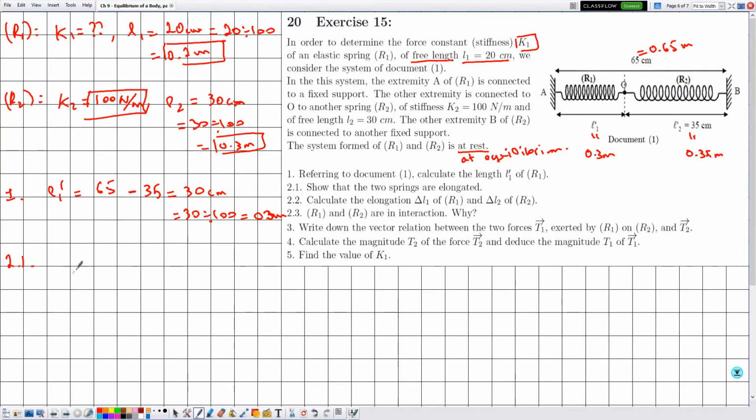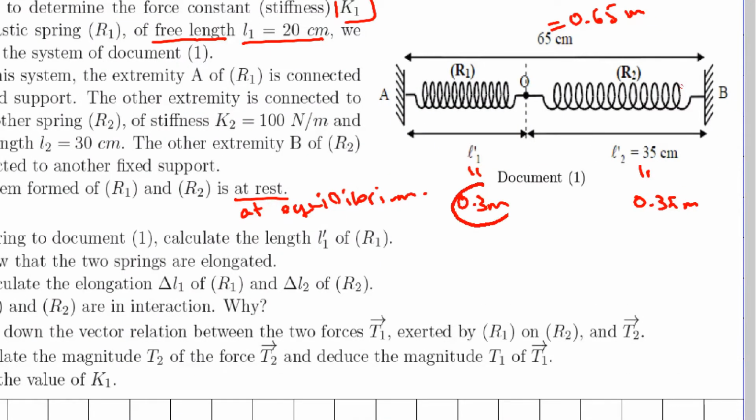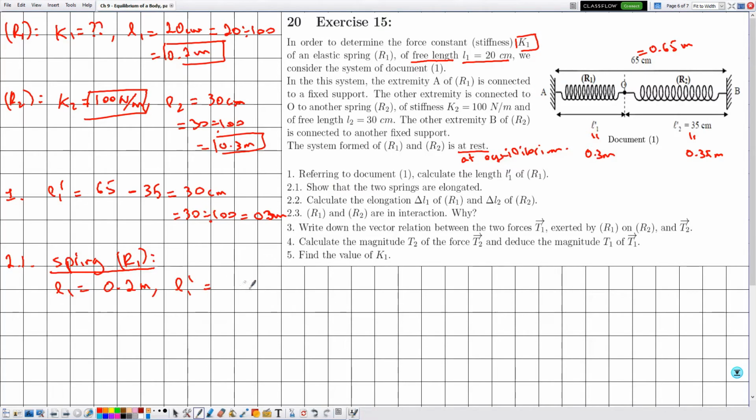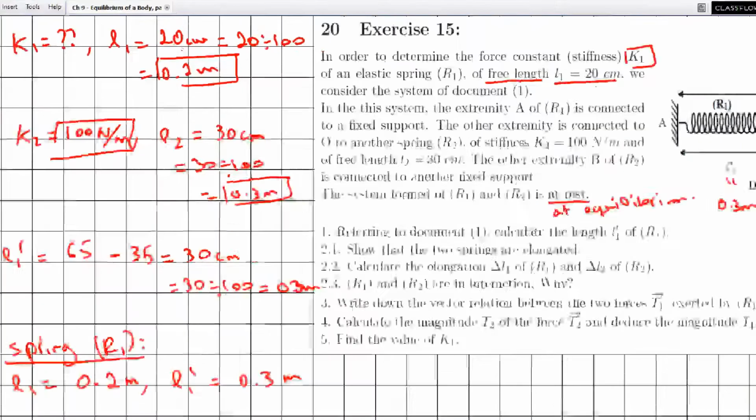So as for the spring R1, we know that the free length of the spring is given by L1, which is equal to 0.2 meters. And the final length of the spring is given by 0.3 meters. So in order to indicate whether the spring is elongated or compressed, it is sufficient to compare the final length with the initial length, knowing that this is the initial length, which is the free length.